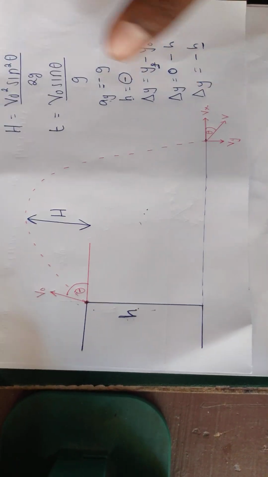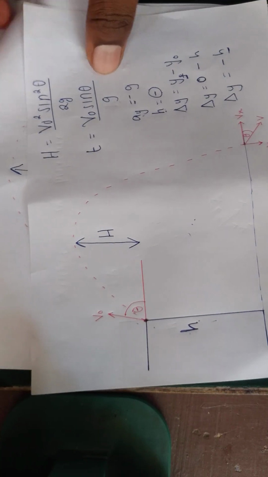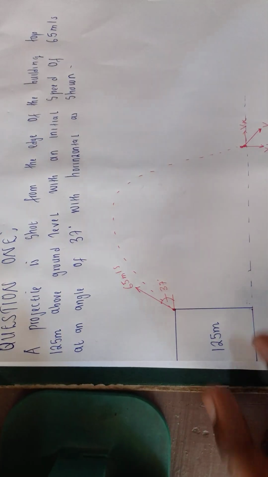Okay, so let's look at an example in oblique projectile motion. Let's consider this as an example. They're saying a projectile is shot in the air from the edge of a building top, which is 125 meters above the ground level, with an initial velocity of 65 meters per second at an angle of 37 degrees with the horizontal, as shown.